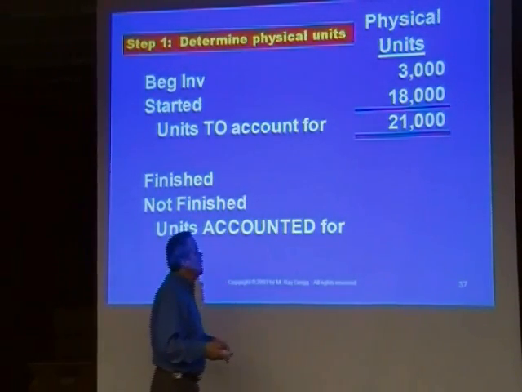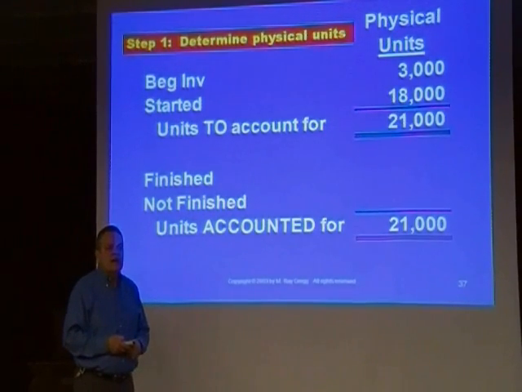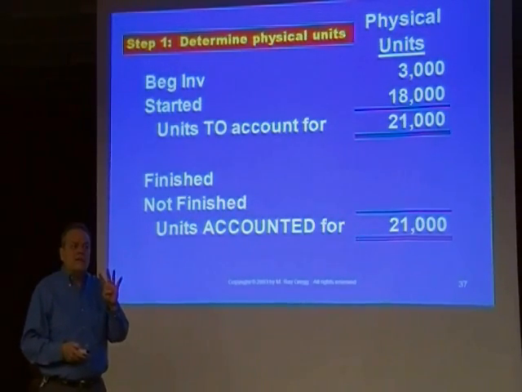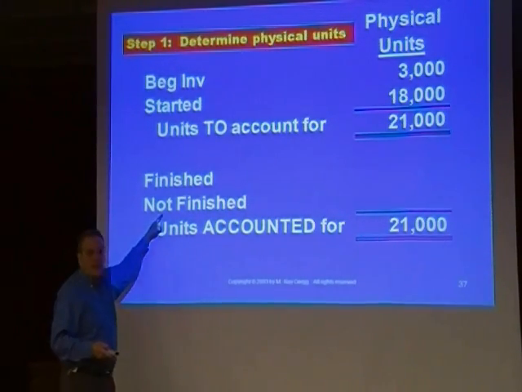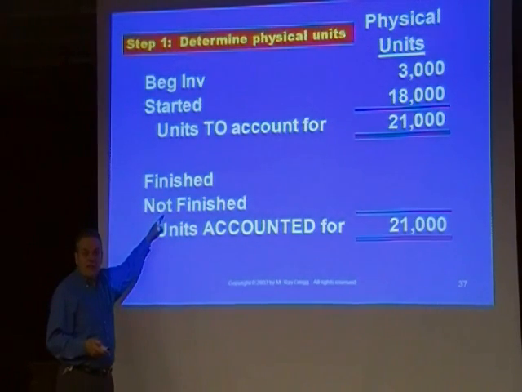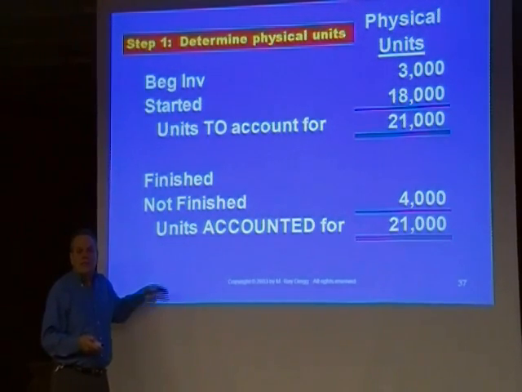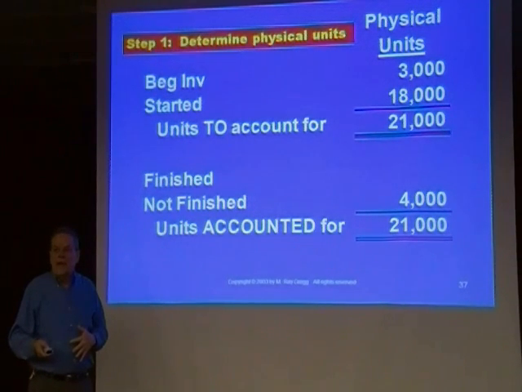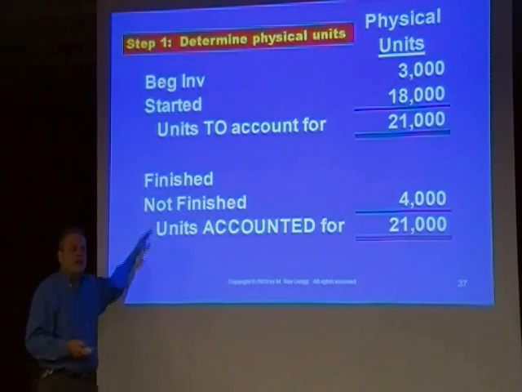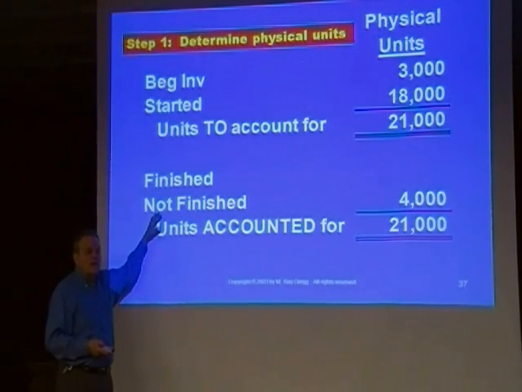If 21,000 were available to us, and we know 4,000 of them were not finished. Is that what you said, Nathan? Yes. Class? Then whether the book gives you this number or not, sometimes the book will give you every number. But sometimes they'll tease us and give us part of it and ask us to logically figure out the rest.